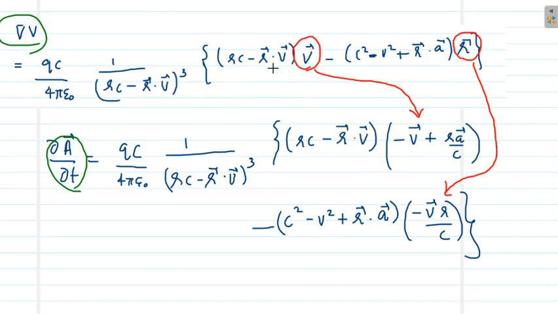So those are the terms with c square minus v square plus r bar dot a bar as common. Here we have an r bar and here we have minus v bar into r by c.